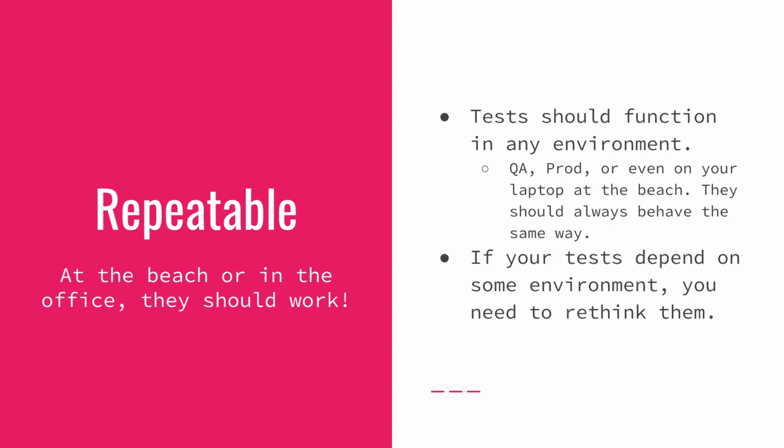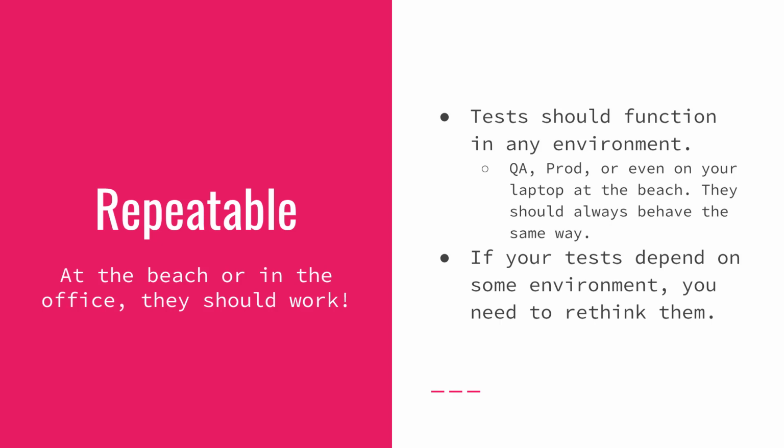Now, next we have repeatable. What we mean by repeatable is that your test should function the same in any environment. Whether that environment is QA, prod, or your laptop on the bus, on the train, at the beach, it does not matter. Your test should always behave the exact same way because they should be working in a void.